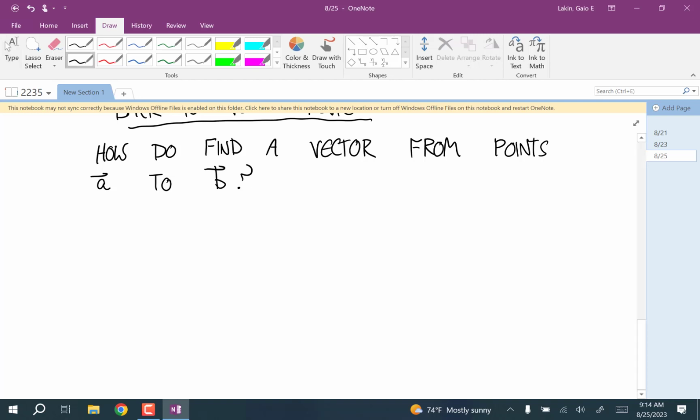There are two ways to do it, and which one you use is based on whether you know the coordinates of the two points or not.